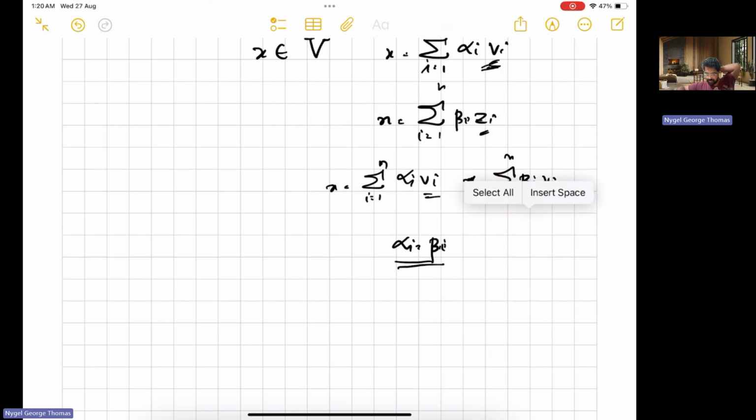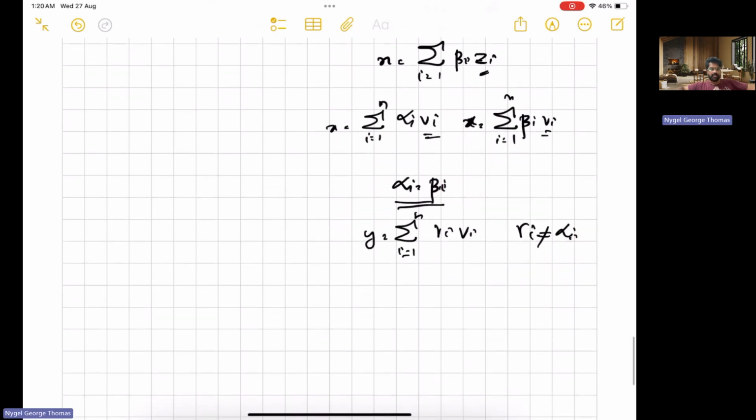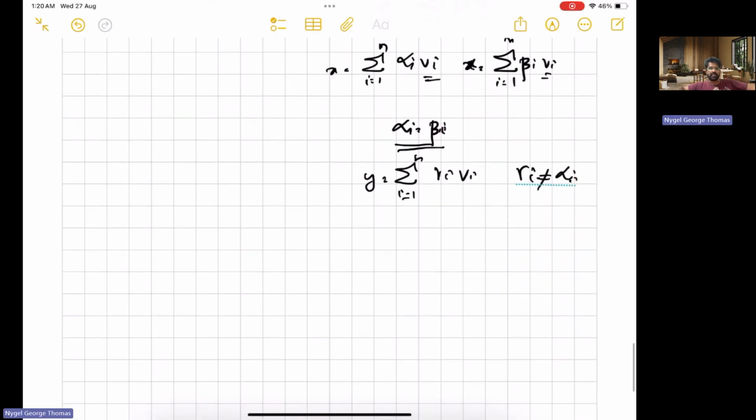But if you change the basis, the representation need not be unique. And you have another vector, let's say y, which is again a linear combination of these, say gamma_i v_i. This is different. For x and y, the gammas need not be equal to the alpha_i's. But a single vector has a unique representation. So this can be used as a way to represent vectors if you fix a basis.